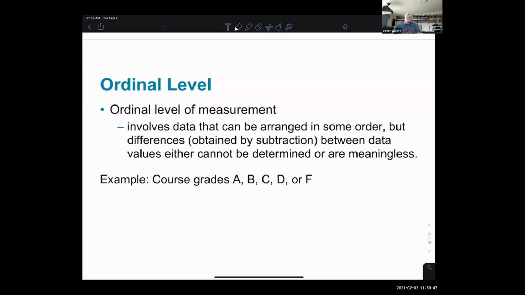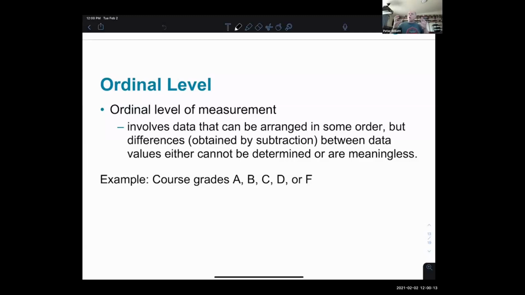Can someone try to think of an example of data that is at the ordinal level? The layers of the Earth? Layers of the Earth, they can be ordered. And when you say layers, I think you're talking about names for different types of layers, right? Yeah, not depth layers. I mean like the inner core, the mantle, that kind of stuff. Perfect.